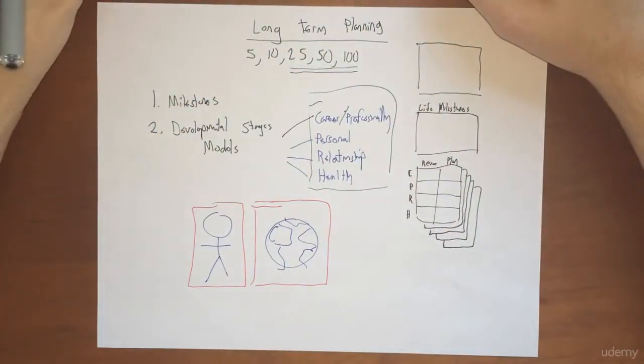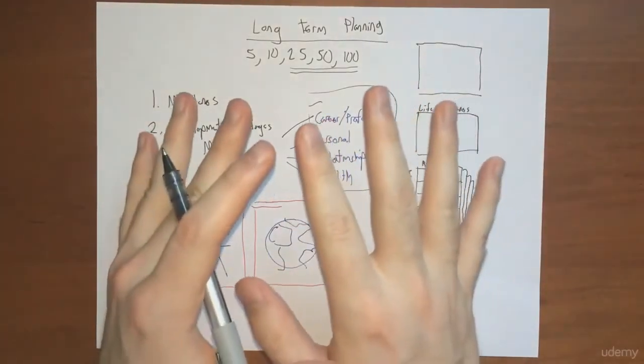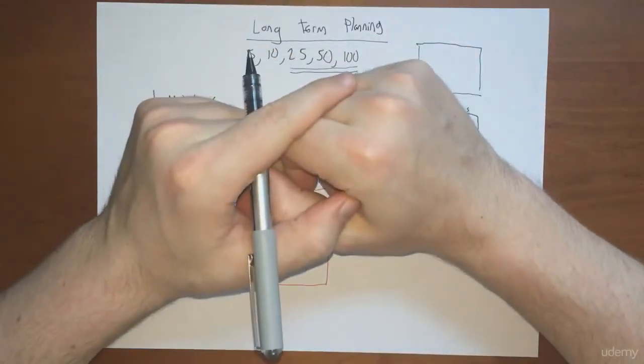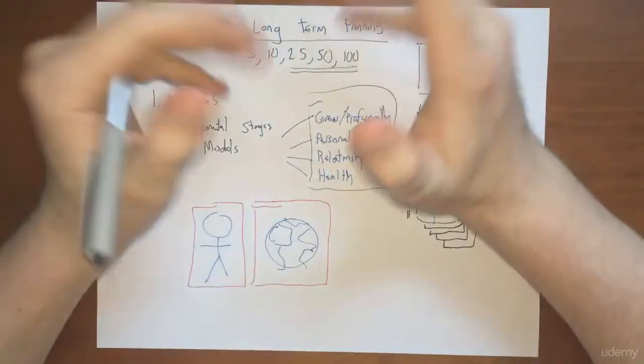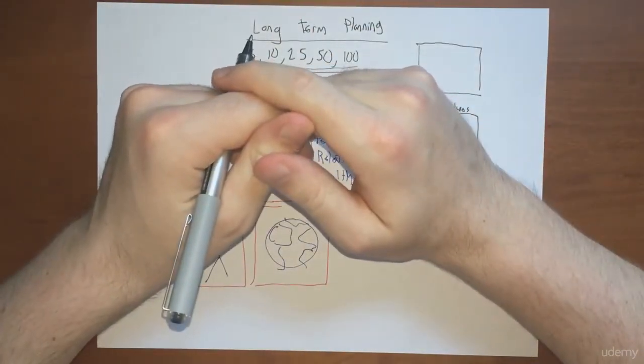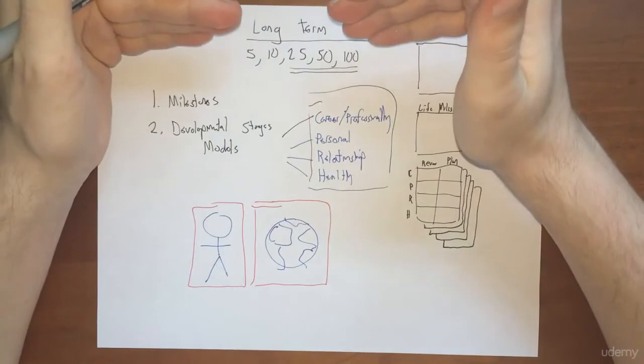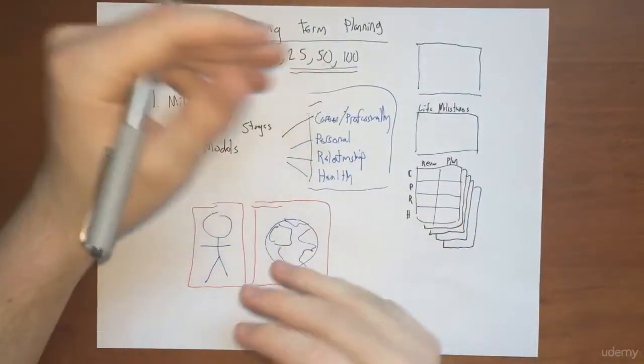And this is going to allow you to start to look decades into the future. And even though the world is changing faster than it's ever changed before, if you don't have a plan, you're going to end up fitting into somebody else's plan for you.